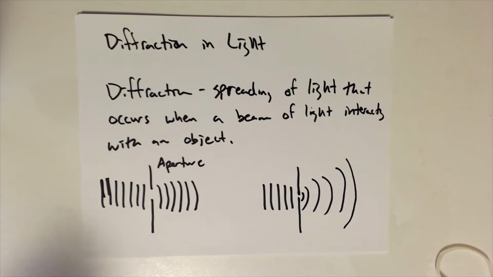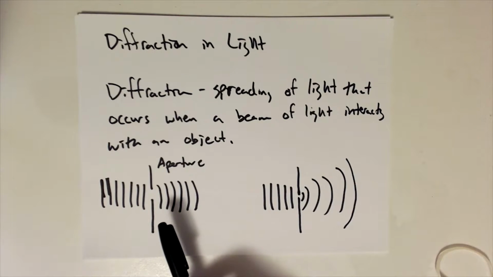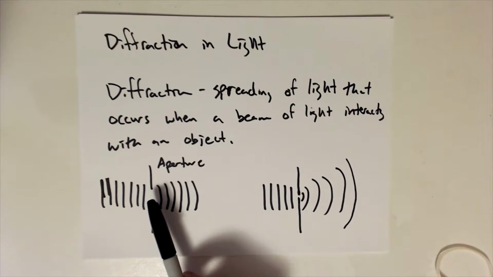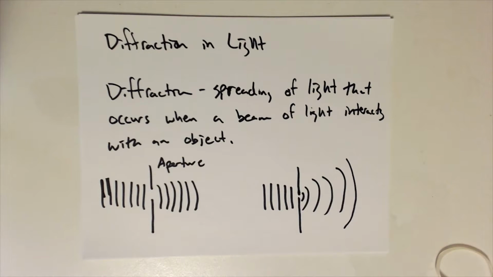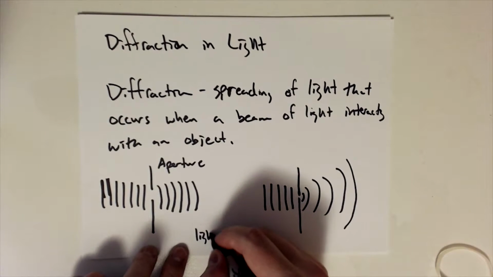When the light encounters the edge of this opening, it appears to bend around the object, and it spreads by a given angle.